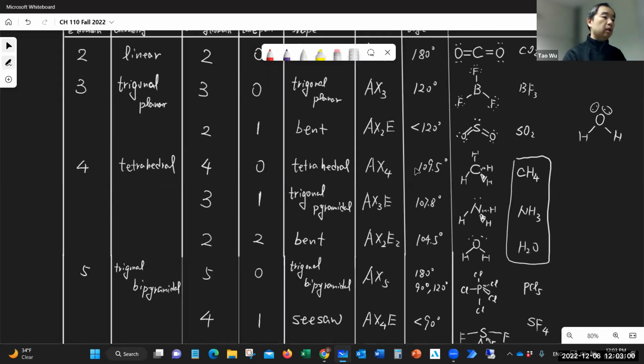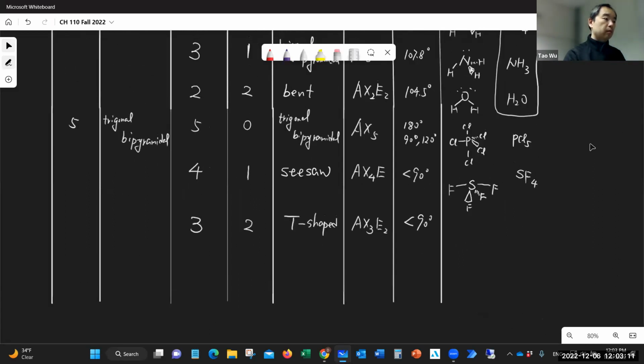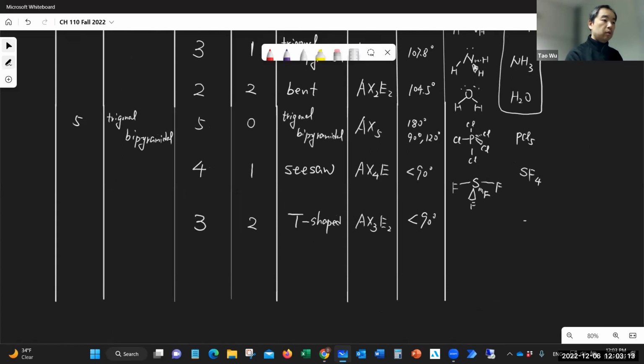Most of the time, they're going to test the 3 electron domain and test your bond angles, to compare the bond angles between each other. An example is ClF3. So you have Cl, and you have fluorine on the side, and the 2 lone pairs.